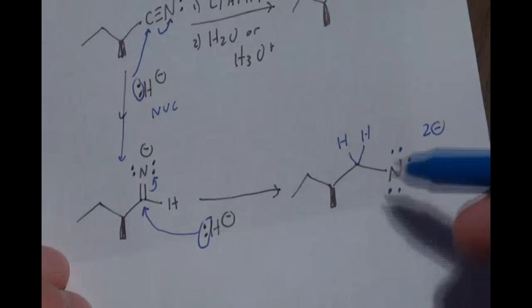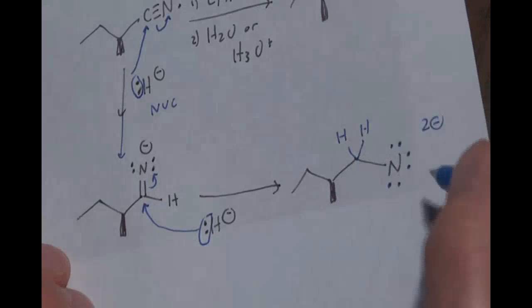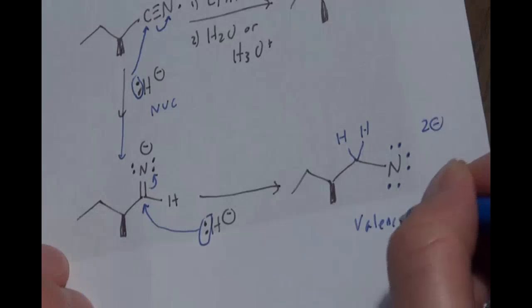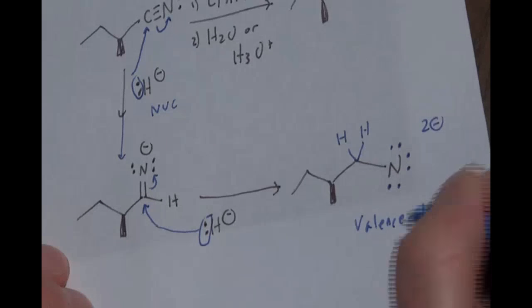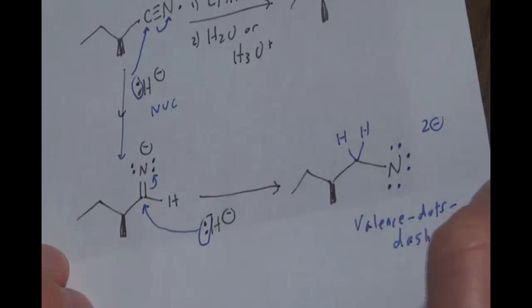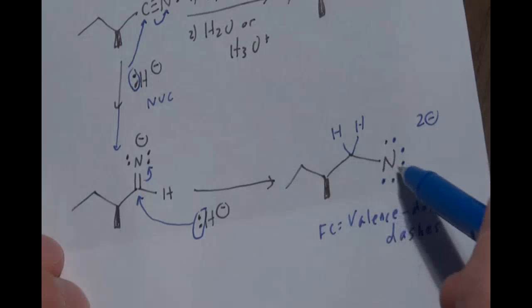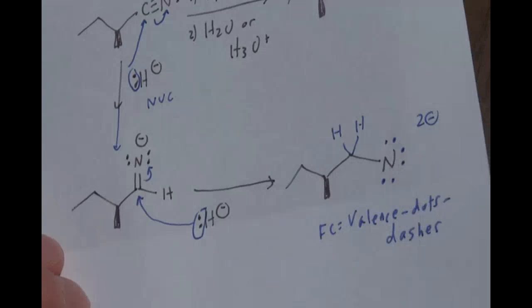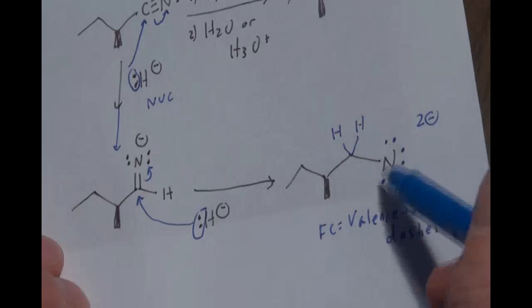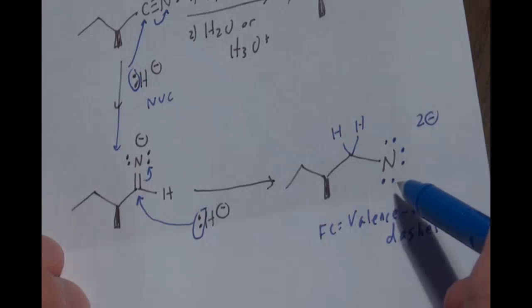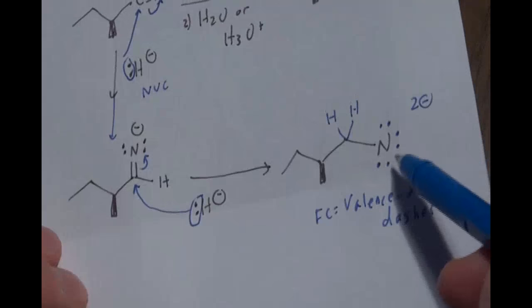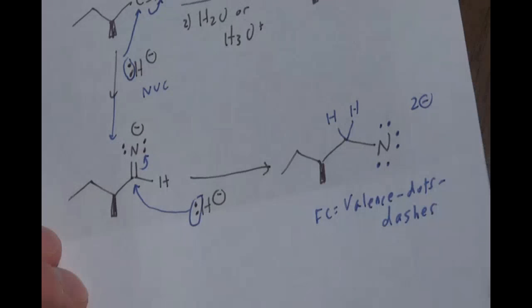And what's the formula for formal charge? It's valence minus dots minus dashes. Remember that? Well, 5 valence electrons around nitrogen, minus 6 dots, minus 1 dash.